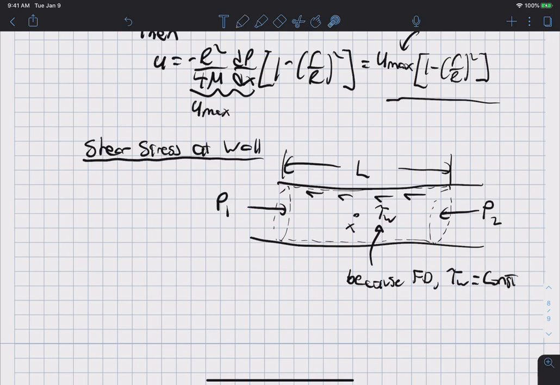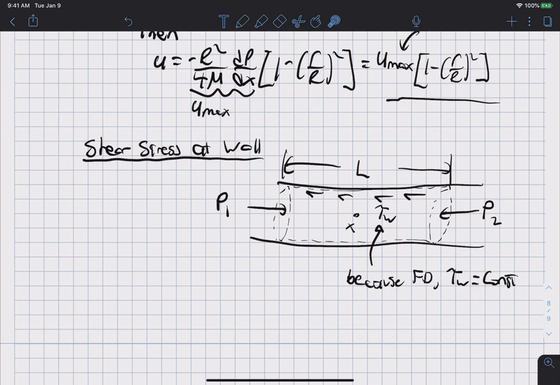Because it's fully developed, the value of tau wall on this portion of the wall of the tube is the same as it is over here, is the same as it is over here, is the same as it is down here.